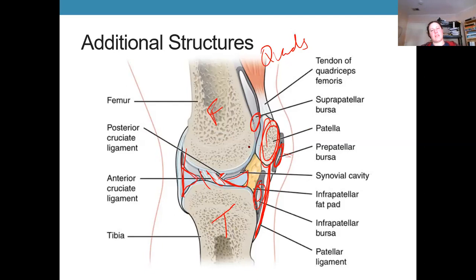So there's lots of these extra structures because the knee is subject to a lot of issues because it doesn't fit super well together and it has a lot of movement, and so it's prone to injury. There's even fat behind your kneecap there to provide extra padding.